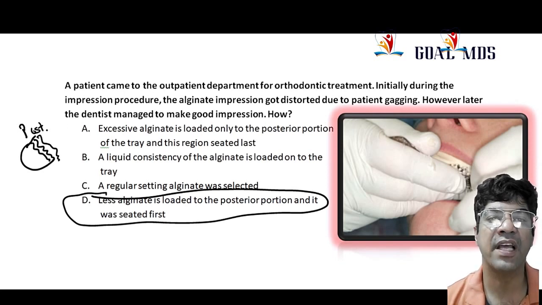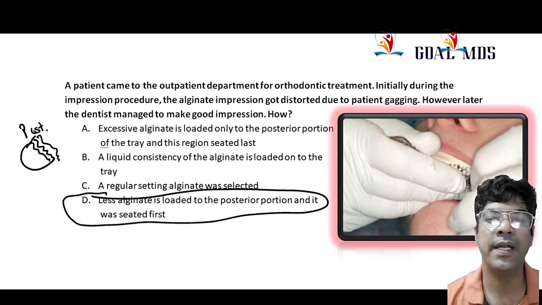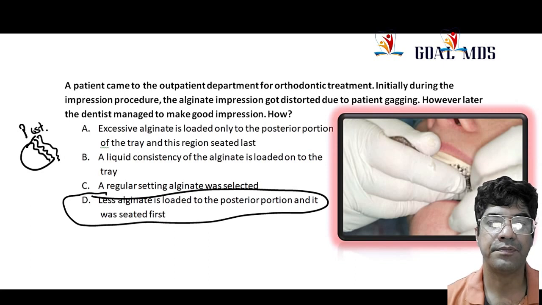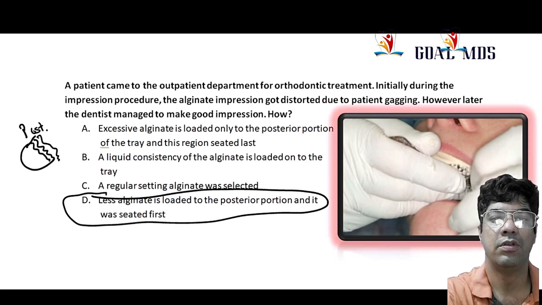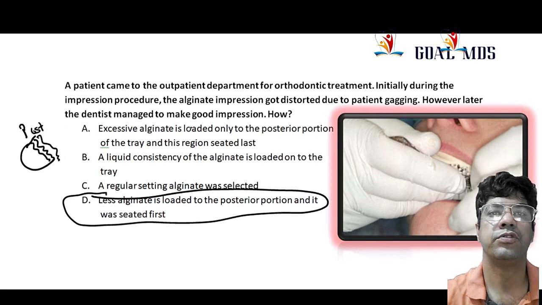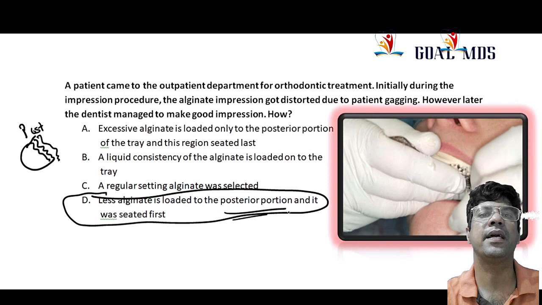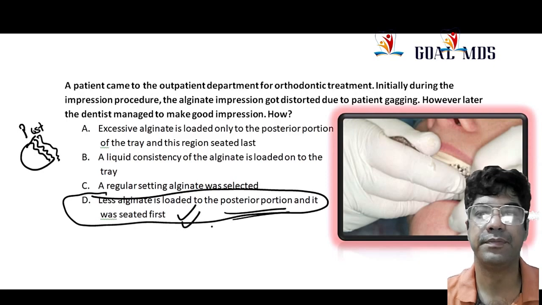So loading less alginate to the posterior portion and seating it first is the common technique to minimize the gag reflex during an alginate impression procedure. So that is why less alginate loaded to the posterior part and seated first is your option of choice.